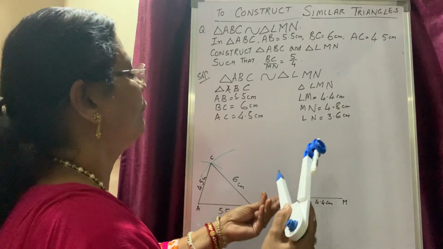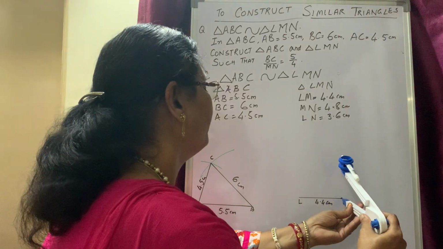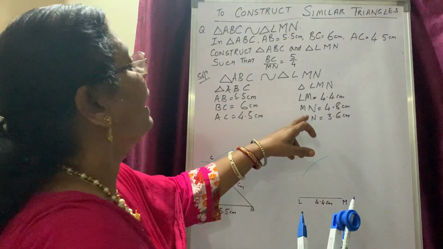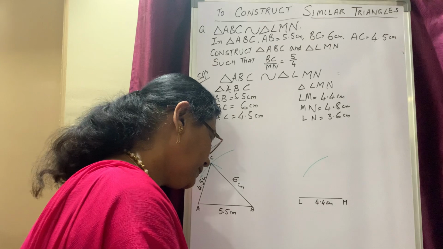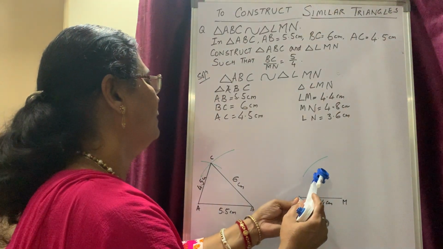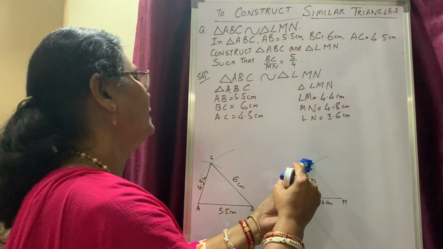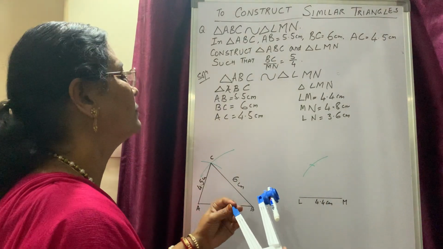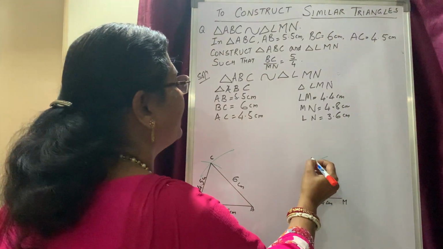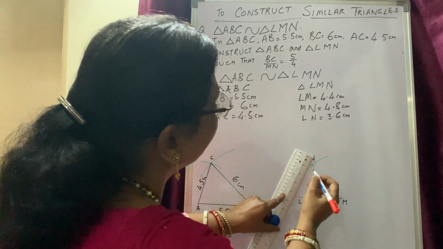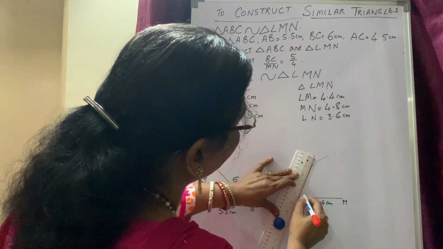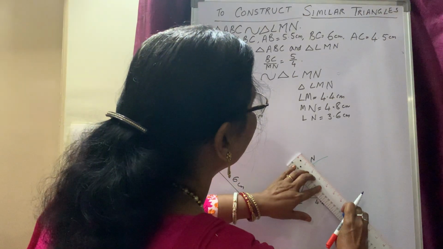From M, 4.8 centimeter, we will draw an arc. LN 3.6 centimeter. So we will take 3.6 centimeter, and from L we will cut the previously drawn arc. We will mark this point as N. Then we will join LN and NM.